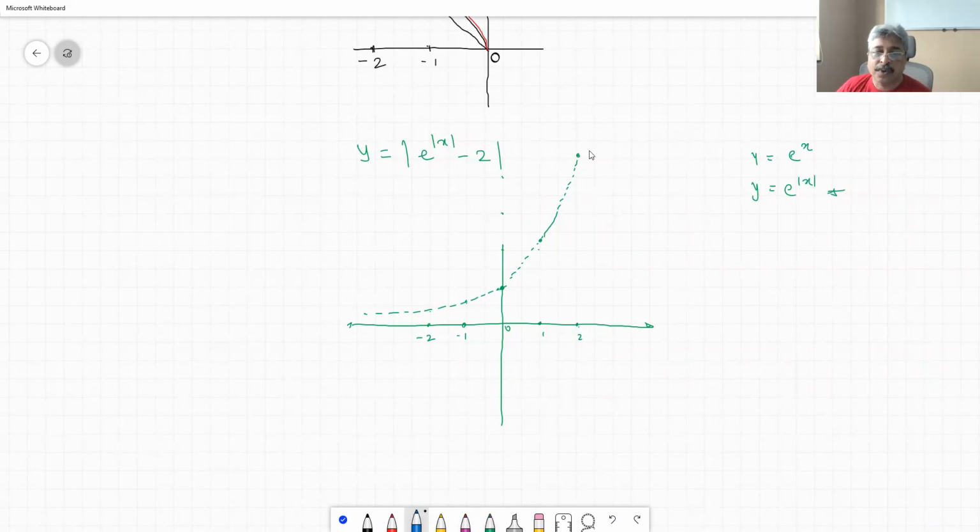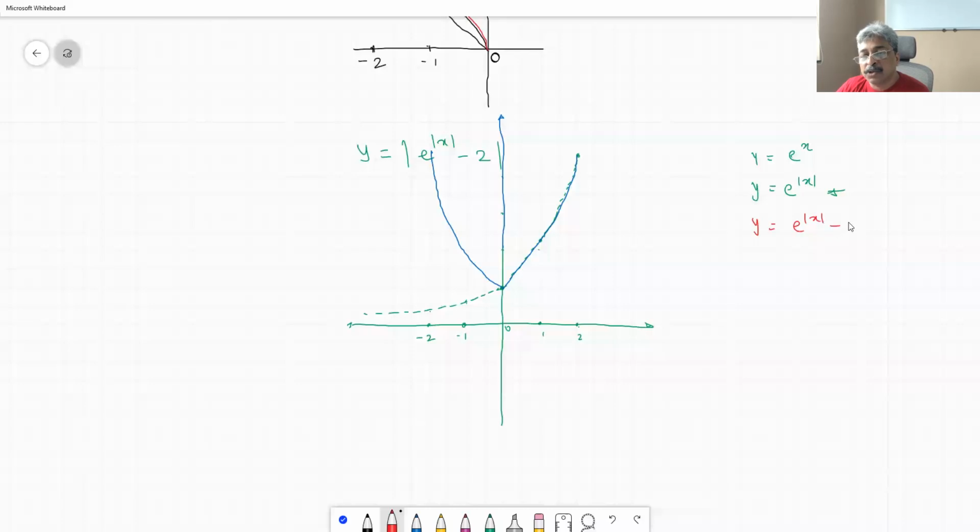So the graph is going to be like this up to 0, and then it is a reflection in the y-axis. Okay.